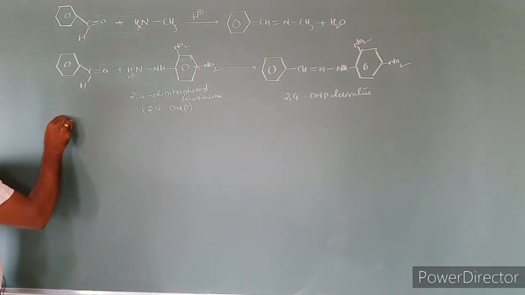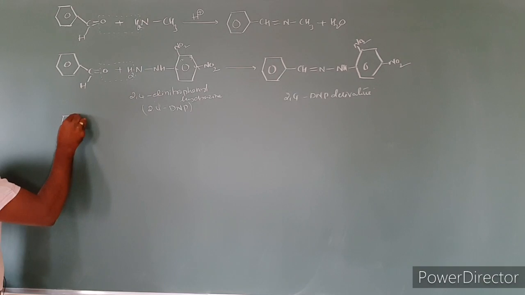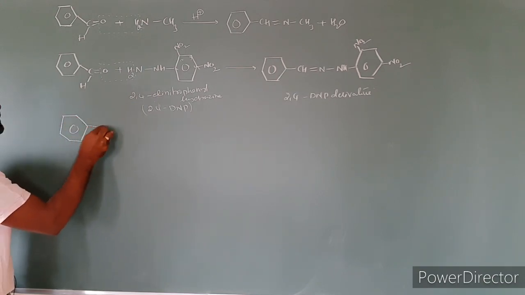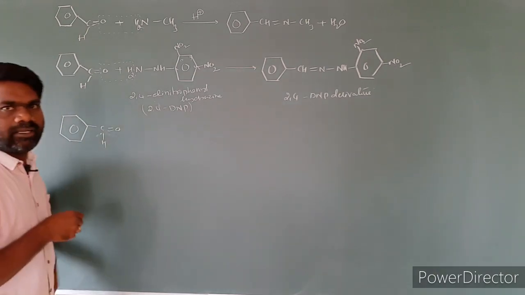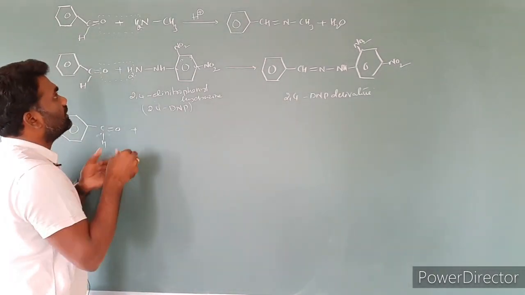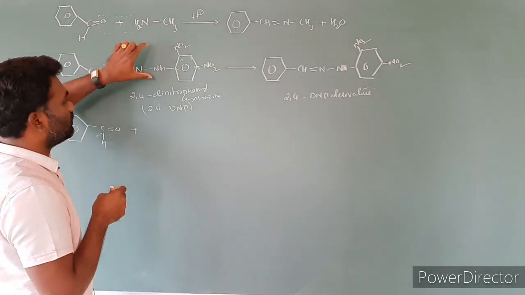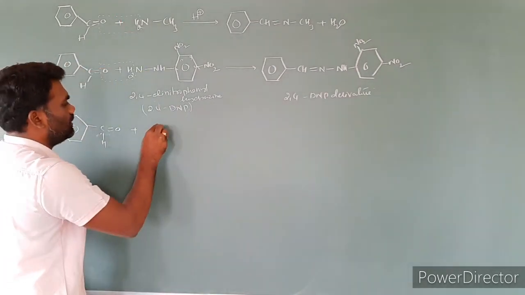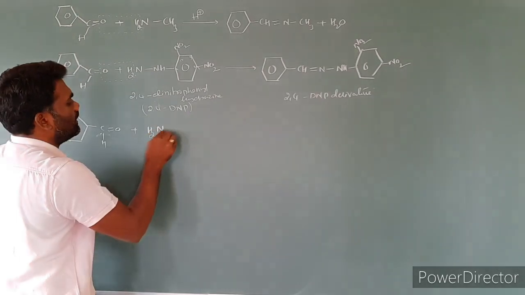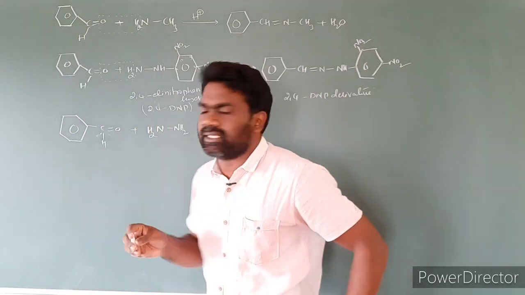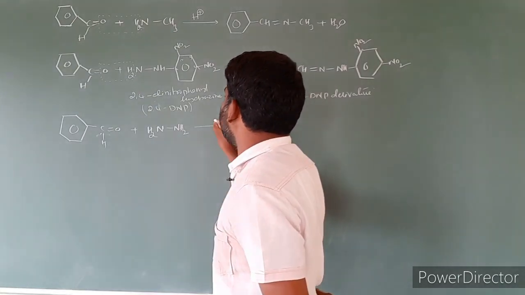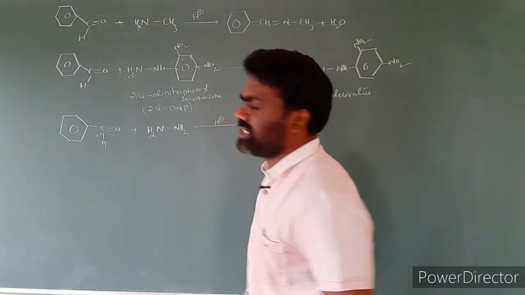Next reaction. I am taking the same reactant, benzaldehyde, C double bond OH. Here instead of 2,4-DNP, I am changing it: suppose I take NH2 NH2. This is called hydrazine. This reaction is catalyzed in acidic medium.